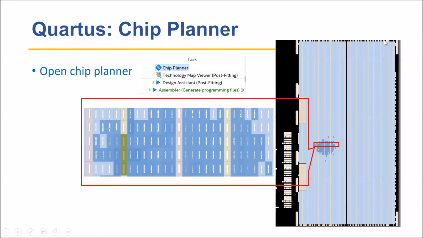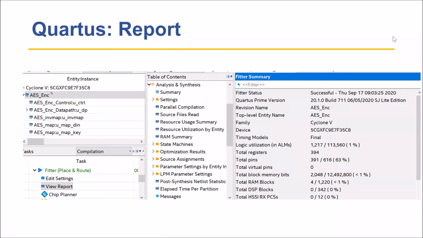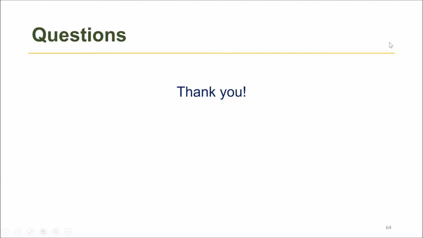By clicking on the chip planner, you can see how it maps the logics to the resources on the FPGA device. Eventually, you can see the report of fitter. It gives you all information regarding resource usage.